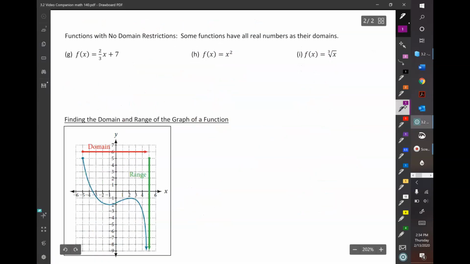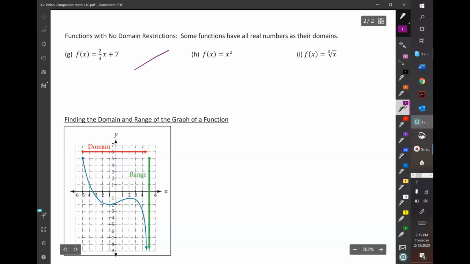Next, I just want to point out that there are some functions that have no domain restrictions, and all real numbers would be their domain. I think getting familiar with it helps, but you can see here where we have a linear function. If you know that it's a first degree polynomial, it's just going to be a straight line. So unless there's some context of an application problem, then we're fine.